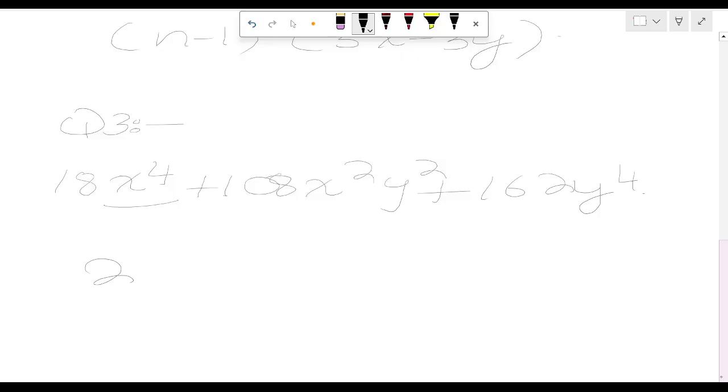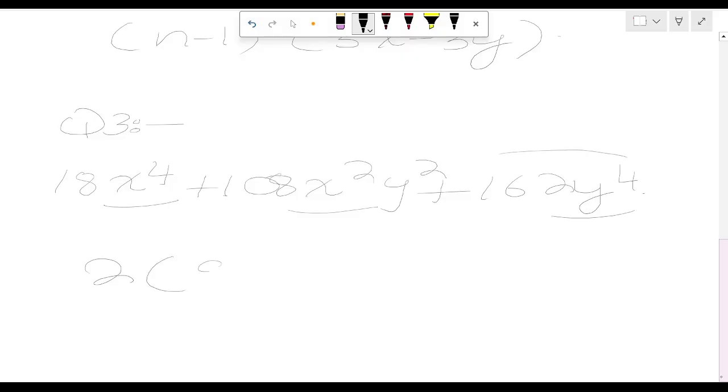Because here we have x power 4, here we have x square, but we do not have x present here. So the only common thing that we're gonna take is the numeral. Same for y, we have y square and y power 4 here, but in the first term it is nowhere to be located, so I'll just pick the numeral. So 2 is the common numeral.